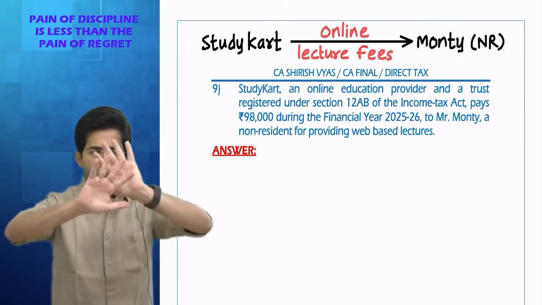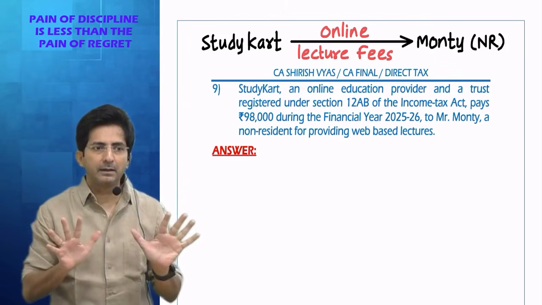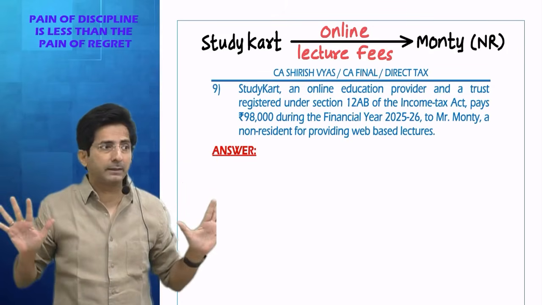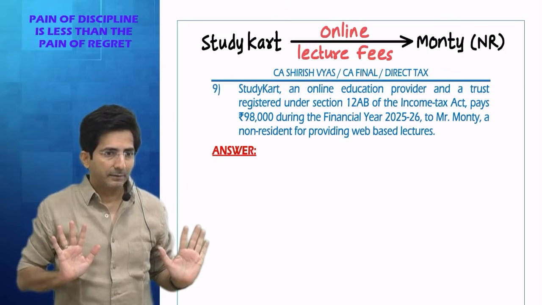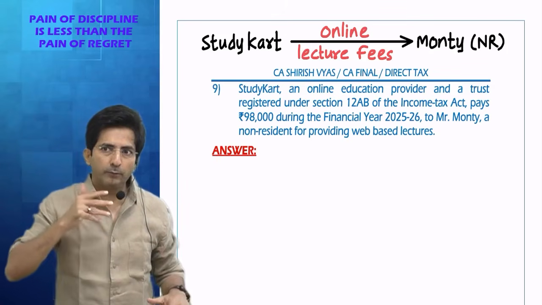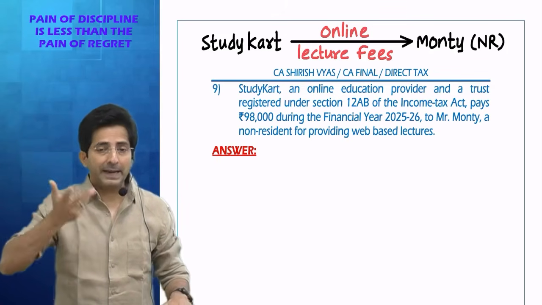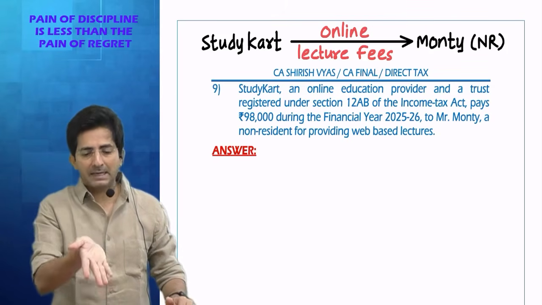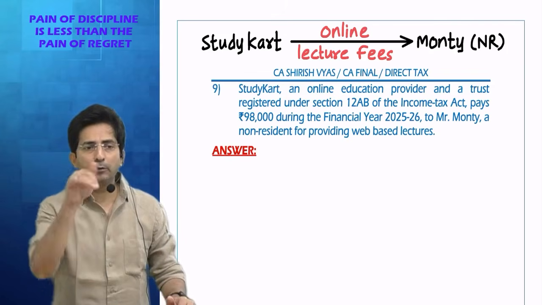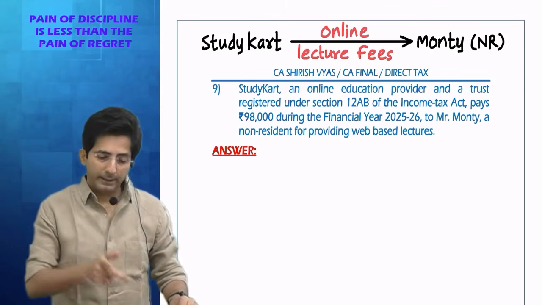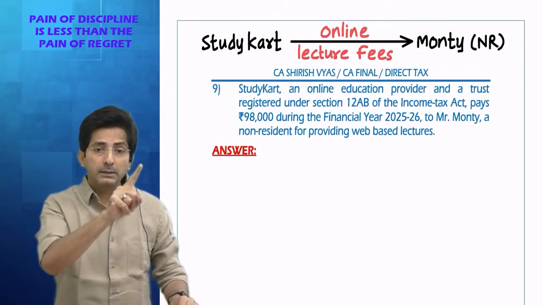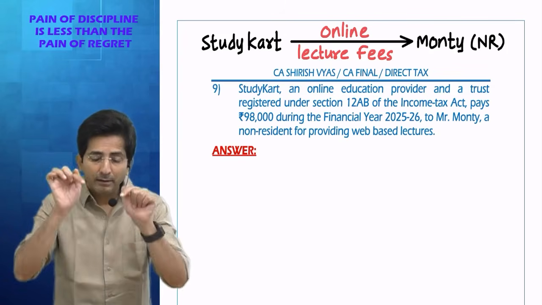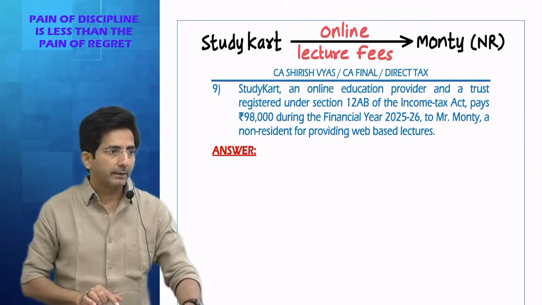Firstly, from the CD Vakraf CP angle, TDS will not apply, because CD Vakraf CP applies when the receiver is resident. So I went into the zone of a different section. But NR's different section says what? Only if NR's income is arising in India, then only it will be subject to TDS. And here I proved Monty's income is not accruing in India because Monty doesn't have a fixed place of business in India.